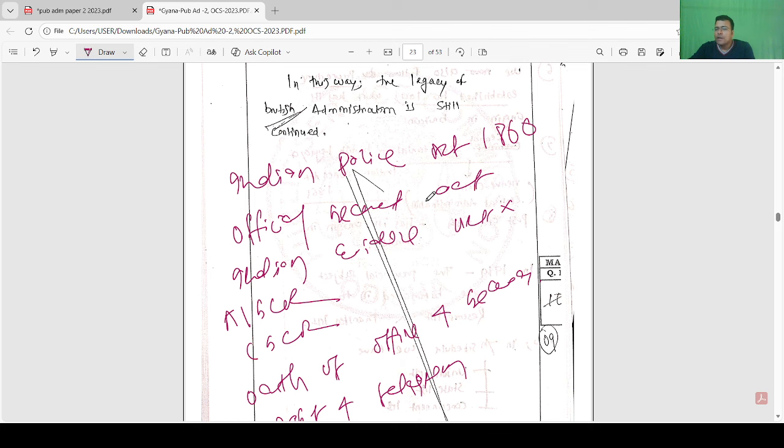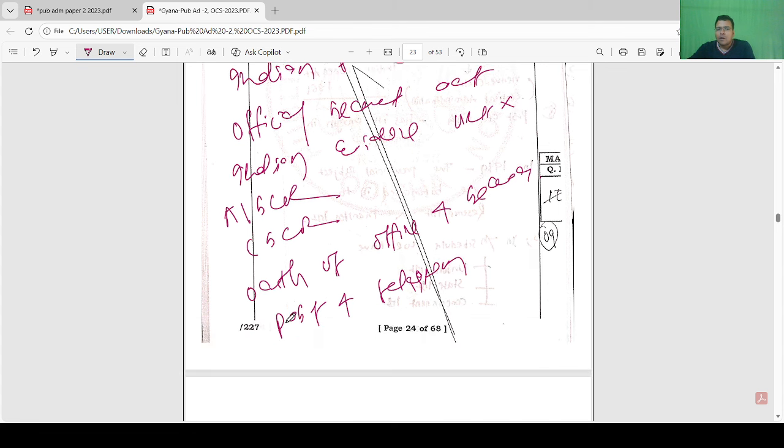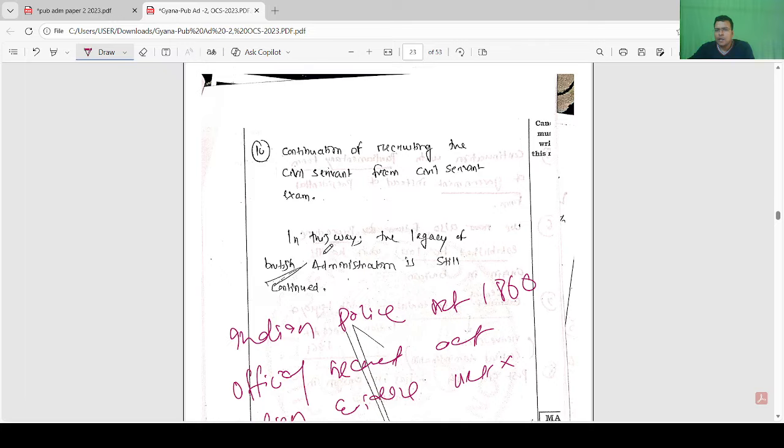So the Indian Police Act 1860 is based on the Irish constabulary system. Official Secrets Act, Indian Evidence Act, many service conduct rules, secrecy, administration of post and telegram.